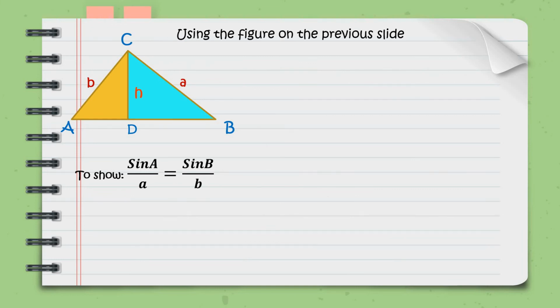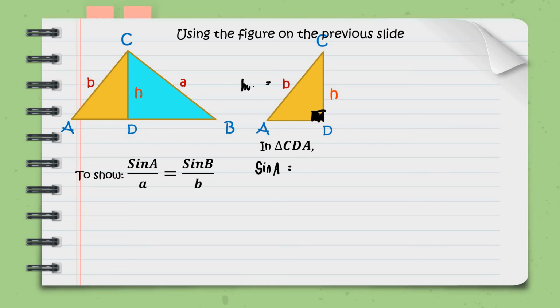Using the figure on a previous slide, let us show that sine of angle A over a is equal to sine of angle B over b. Let's use the yellow triangle, a right triangle CDA with right angle at angle D. To find sine of angle A, the first thing to do is to label the parts of the right triangle. From this figure, side b is the longest side of the right triangle, so this is our hypotenuse.